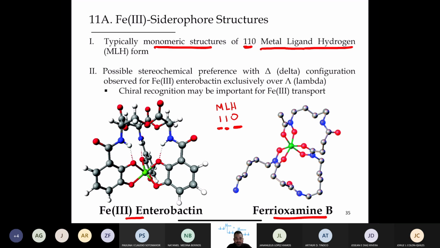So when we have the representation MLH110, that means that all the protons from the siderophore have been dissociated. And then there's possible stereochemical preference. Professor, when it's 1-1-0, it's one metal, one ligand, and 0 protons. That's correct.